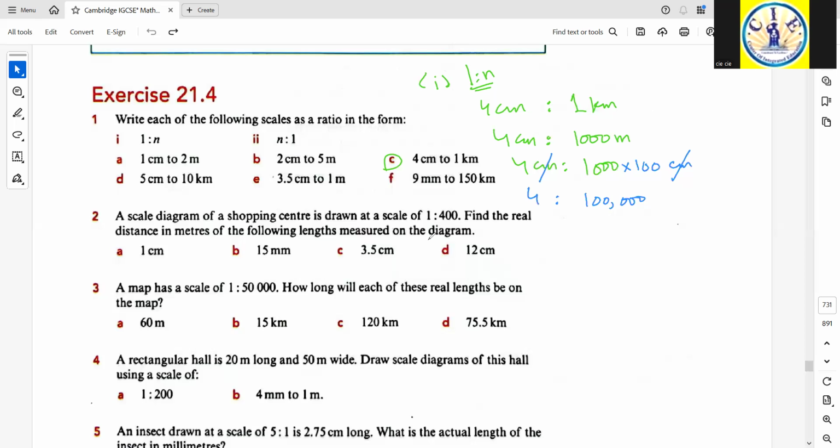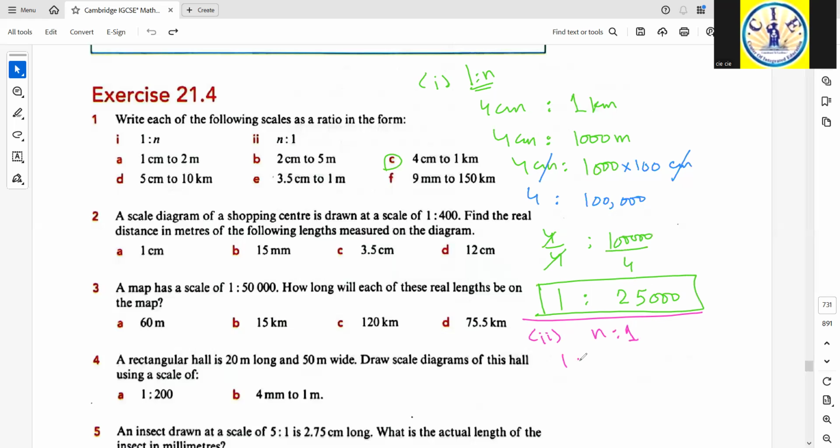Now we need to do the division. And this will give me 25,000. So that's the form 1 ratio n. Now in the second part, we need to do it for n ratio 1.